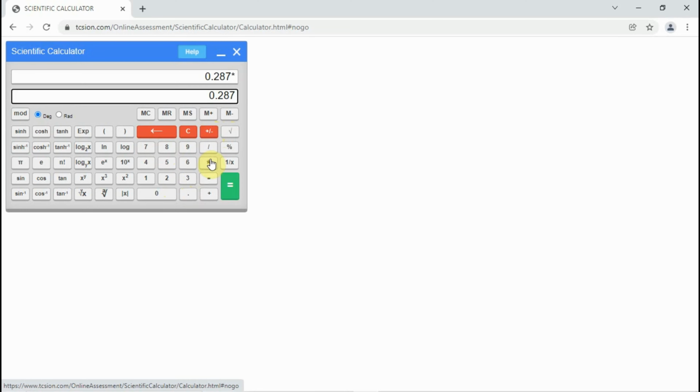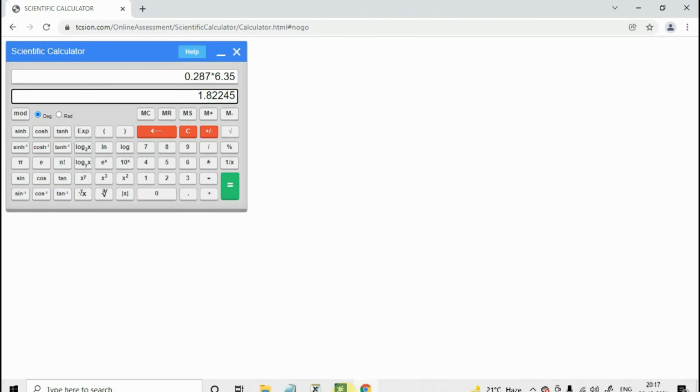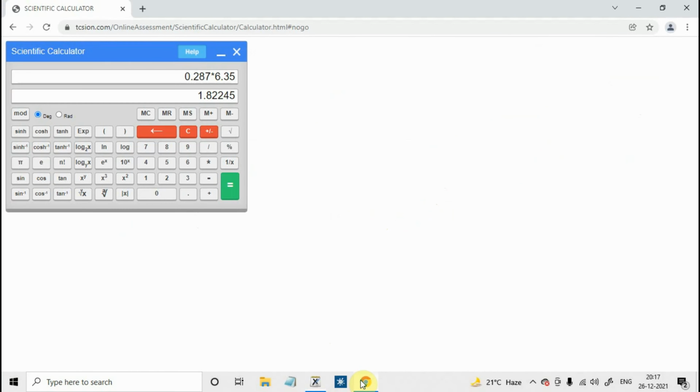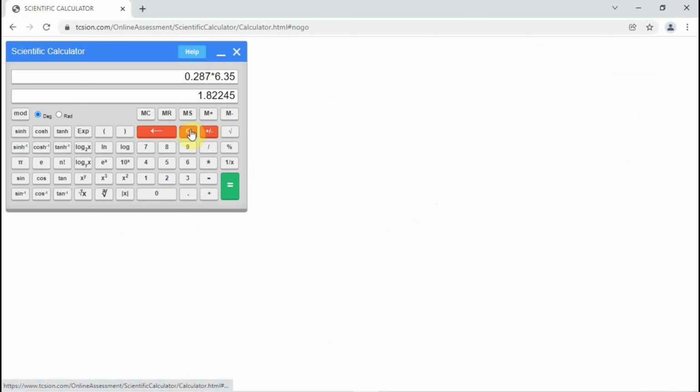So 0.287 multiplied by 6.35 is coming as 1.82, approximately. That is your Vt sine theta. Now what is Ia? Ia is 548, Xs is 5 ohm.